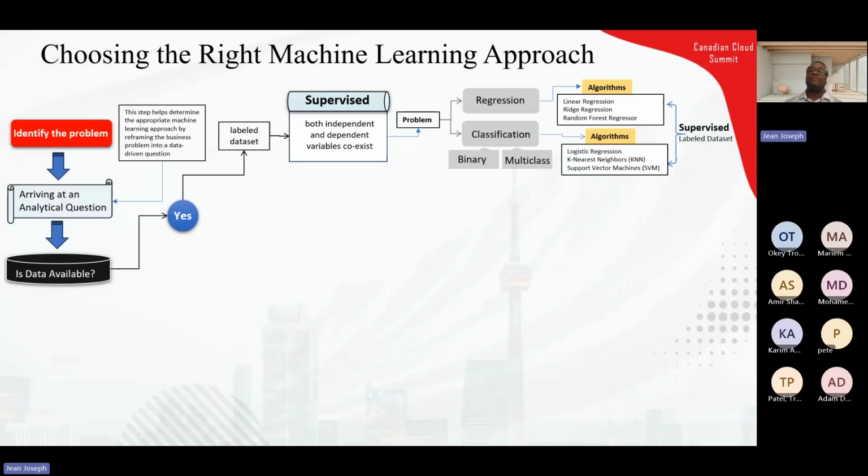But here's the thing: what happens if, after we analyze the data, we discover we only have problems or questions or features, but we don't have the solutions? This is where we have what we call an unlabeled data set.